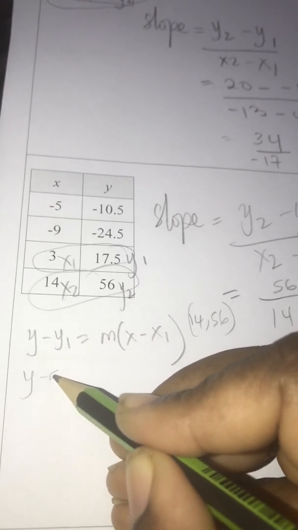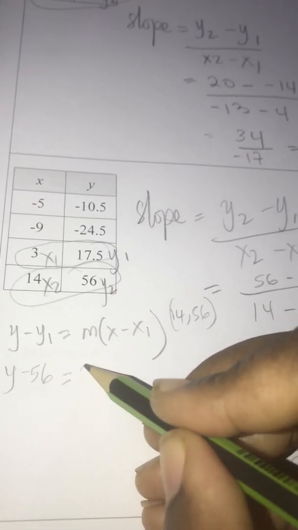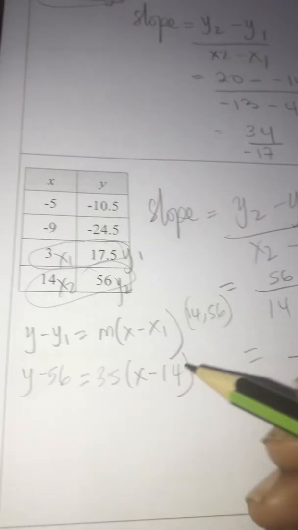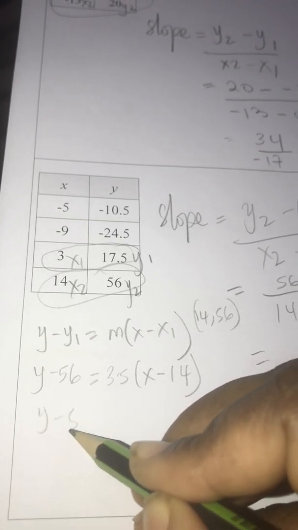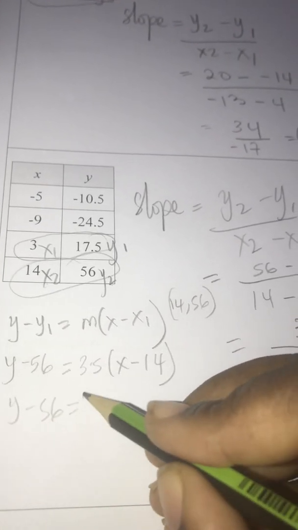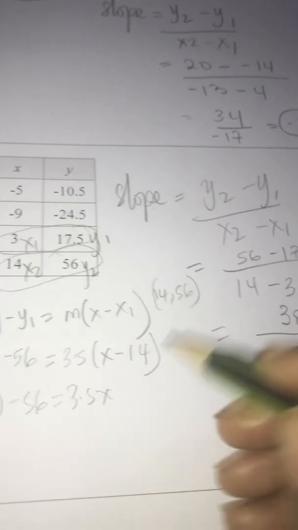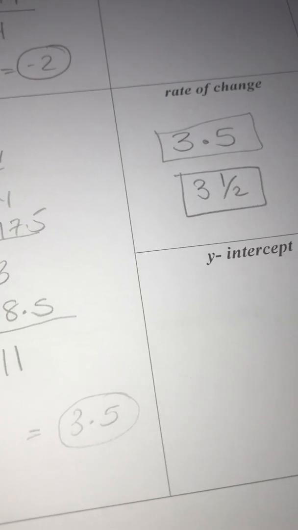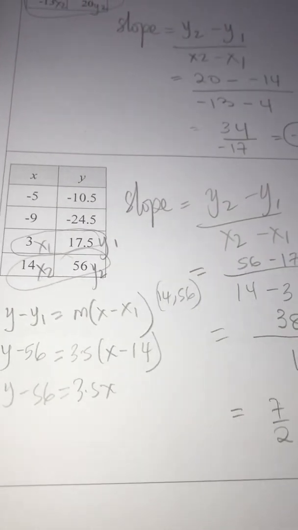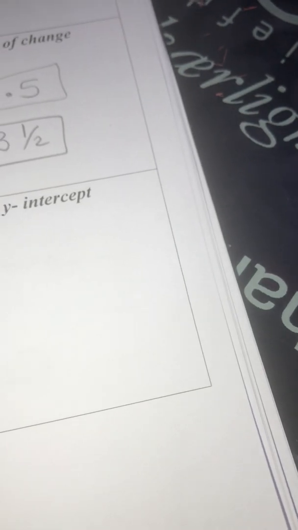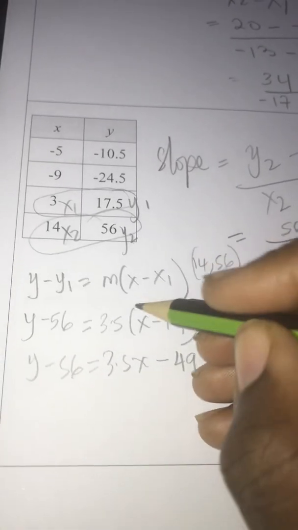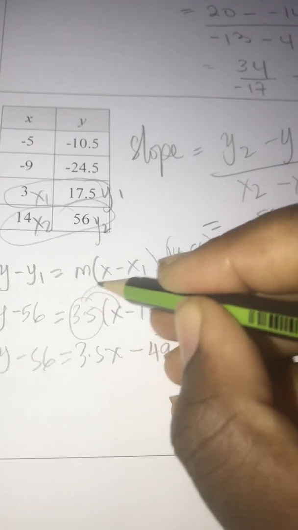So y minus 56 equals 3.5 times x minus 14. y minus 56 equals 3.5x, and 3.5 times negative 14 is negative 49, so minus 49, because you do the distributive property.